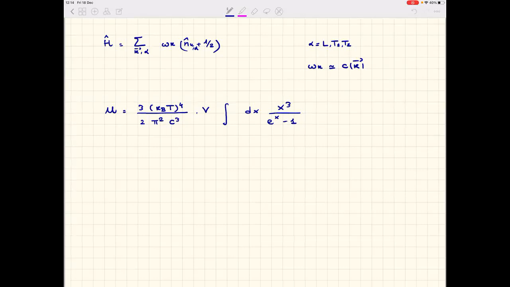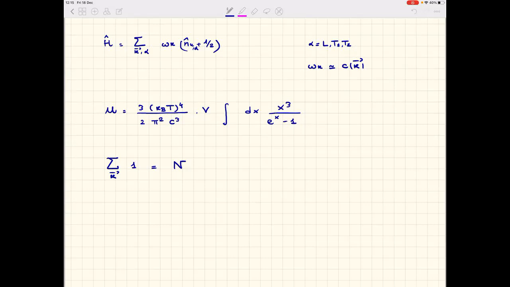In other words, if I sum over all possible momenta 1, I should get the total number of particles. The total number of allowed momenta that describe your phonons has to be equal to the total number of particles in the solid.